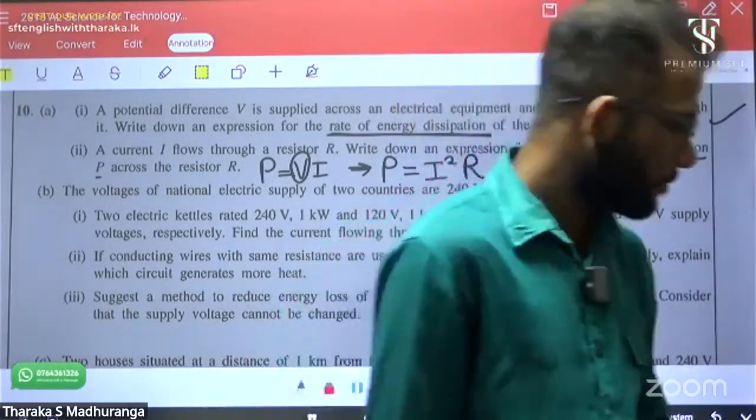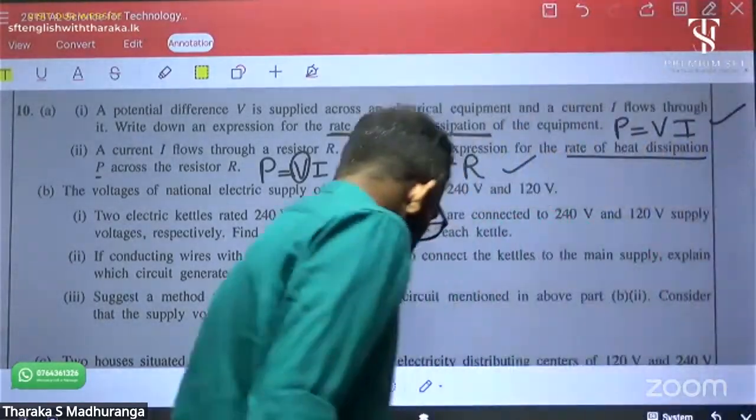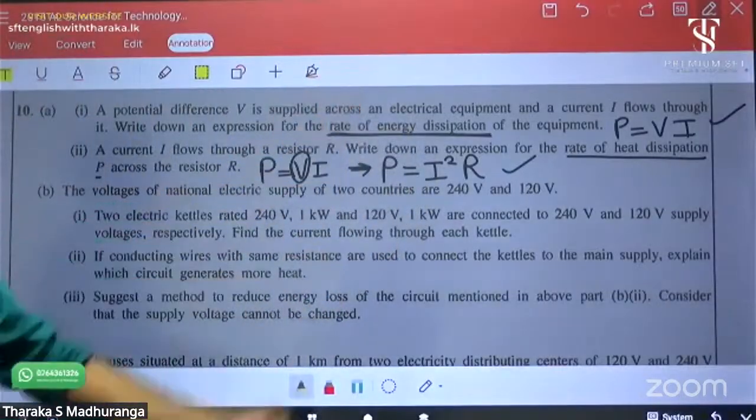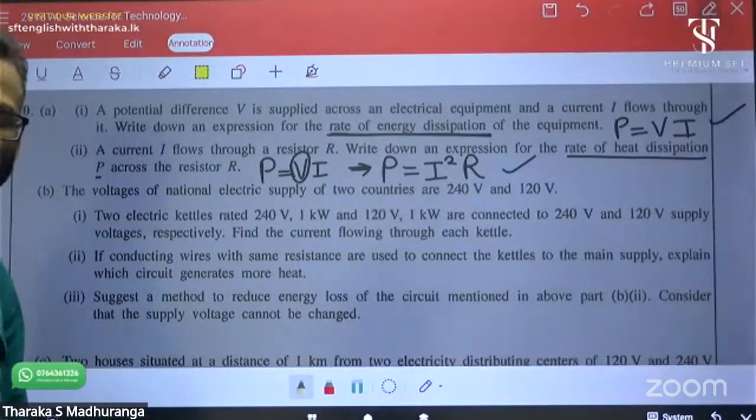Dehini, correct? They are exam questions. Very simple. The basic theory parts are very simple.